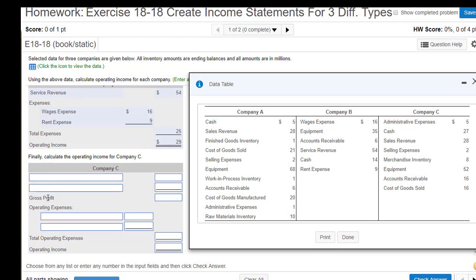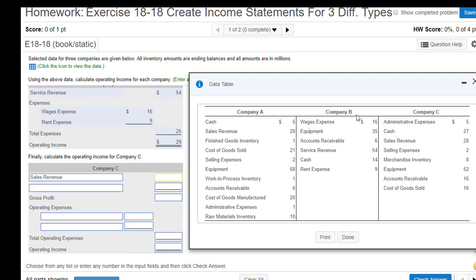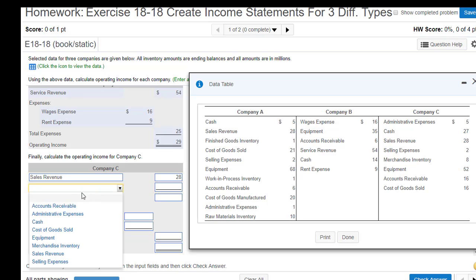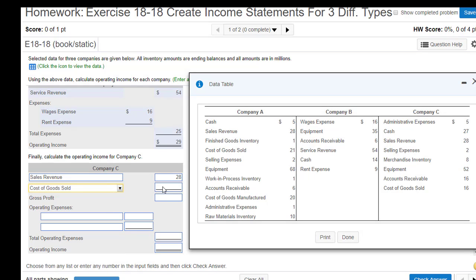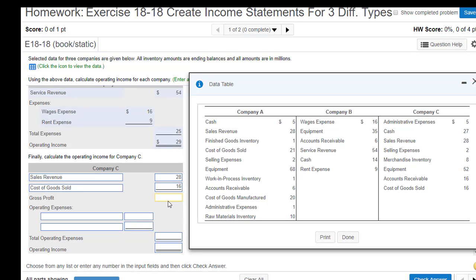This is not an internal document because it does not show the cost of goods sold calculation. So we're just going to start off with sales revenue of 28 million. Then cost of goods sold: those goods that they sold cost them $16 million, which gave them a gross profit of $12 million.